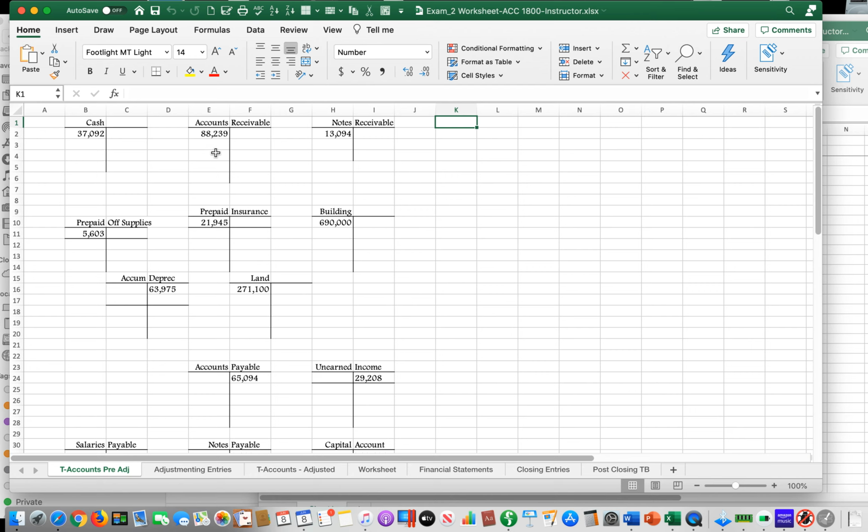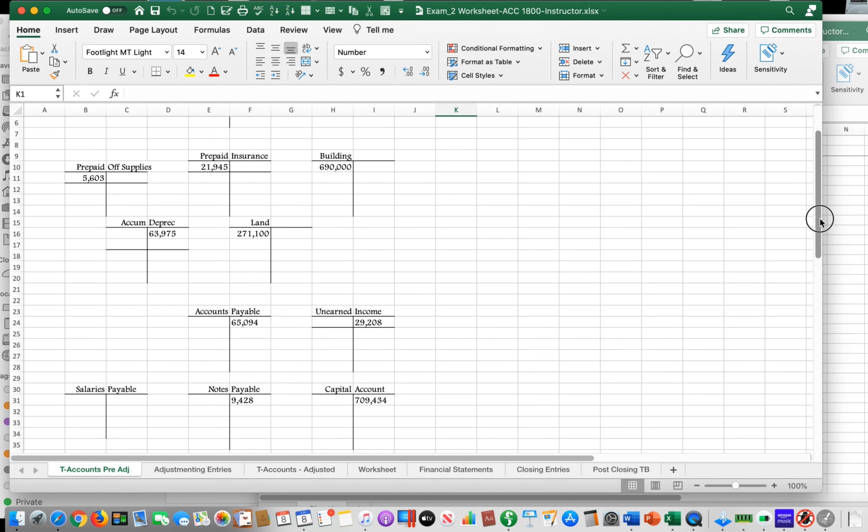You have accounts receivable debited for that amount. There's a notes receivable. This is our prepaid supplies, prepaid insurance. A building was purchased for that amount. Then we got accumulated depreciation. Don't forget, accumulated depreciation is a contra account, and that is the depreciation is captured in that account as opposed to reducing the building directly. And then, of course, there's land.